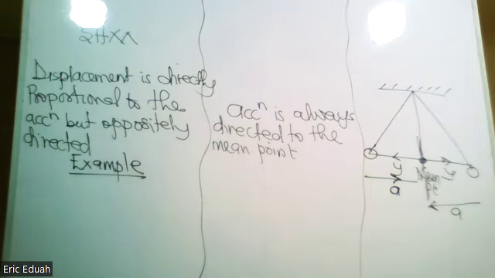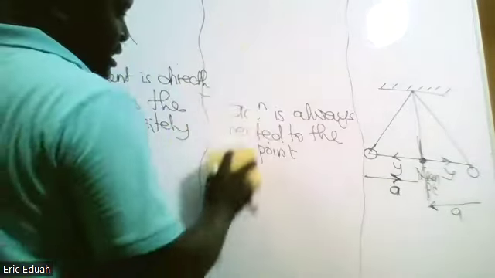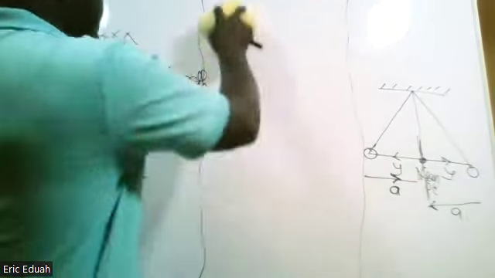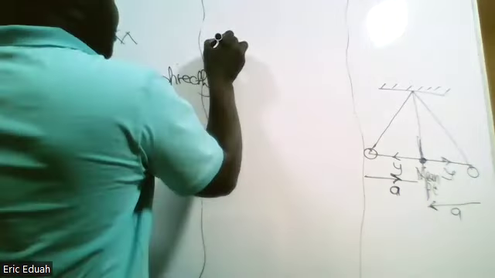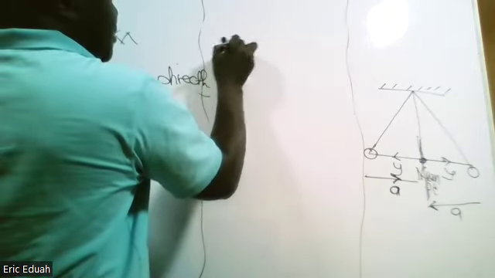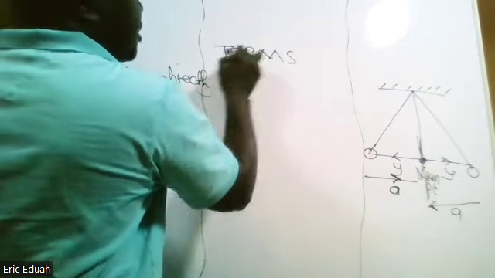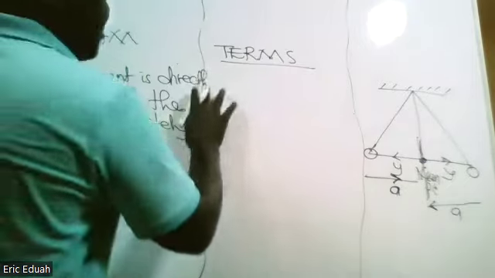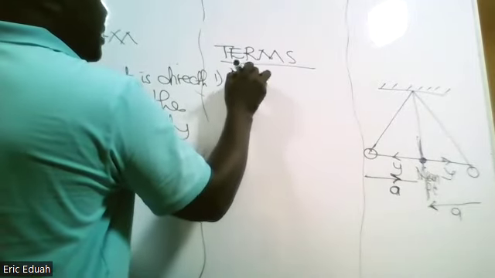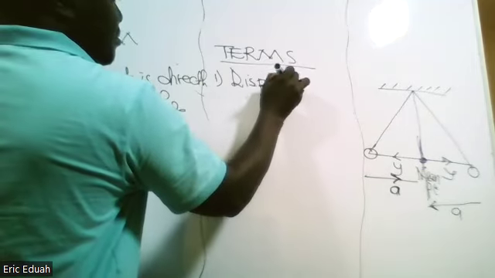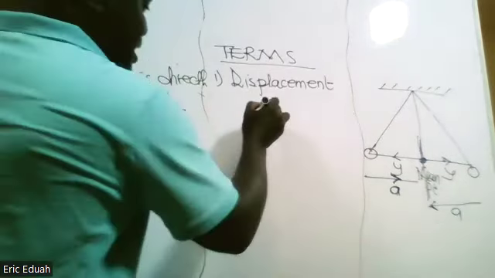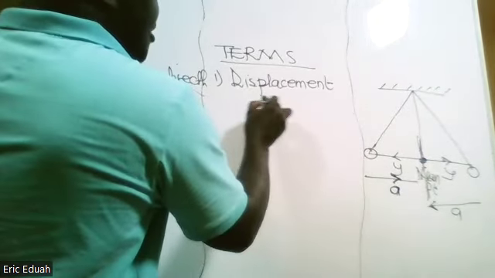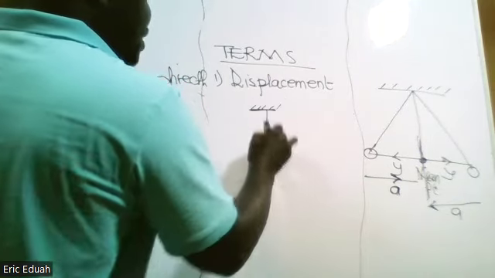All right, let's look at some important terminologies used in simple harmonic motion. Some very important terms we'll be talking about. So we must understand terms such as one, displacement. The displacement is any distance from the mean point or from the equilibrium position.